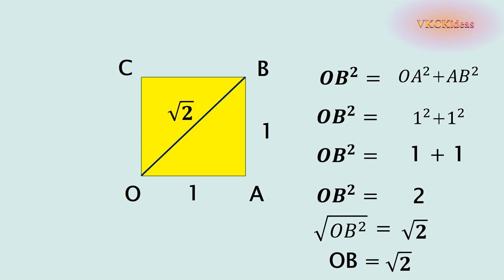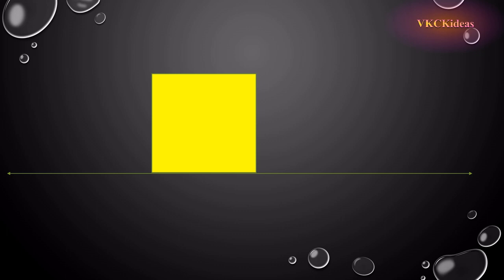If we shift the same system onto the number line, we can locate root 2 on the number line, even if it is non-terminating and non-recurring. Okay, this is how we have to do.